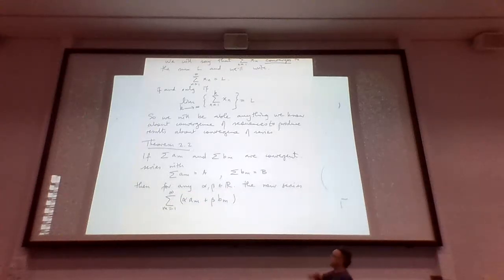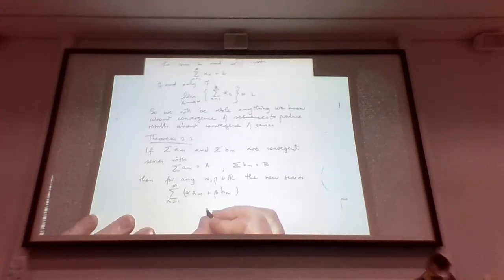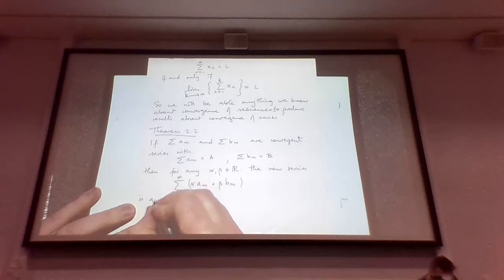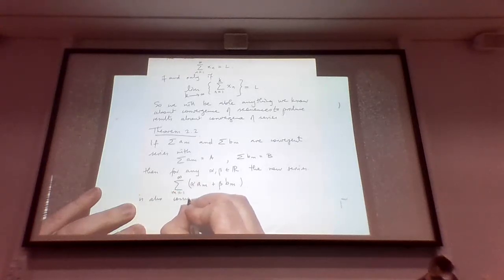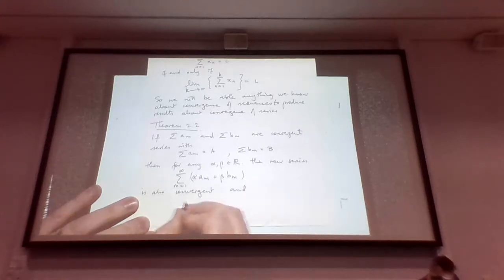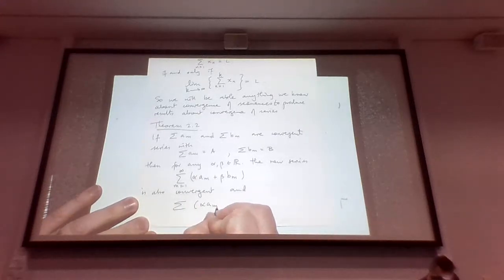So this is a new series that I've built out of the a series and the b series. This is also convergent. Okay? The new series is also convergent. And it has the obvious sum.